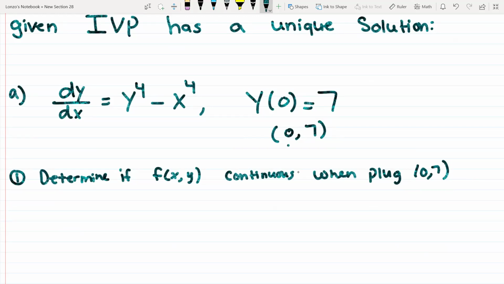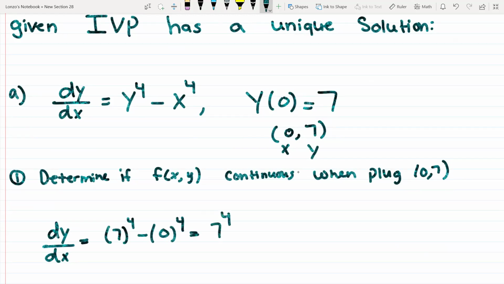We have an x coordinate of 0 and y coordinate of 7. Let's plug it in. So y is 7, so that's going to be 7 to the 4 minus x to the 4. 7 to the 4th is a number. So it is continuous because it's not like 1 over 0, right? We don't have a vertical asymptote. It's not a rational function. So it is continuous.